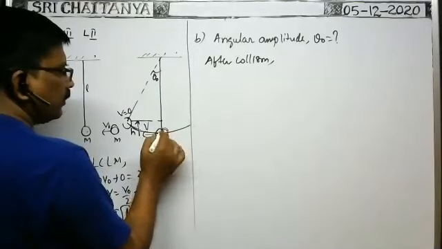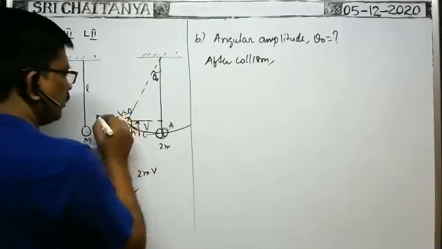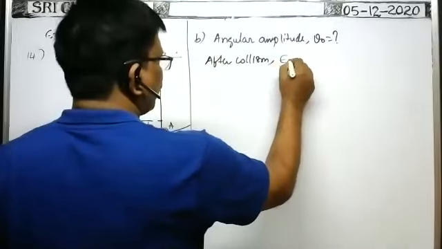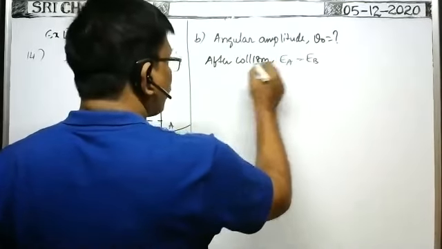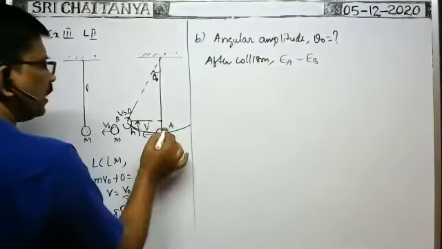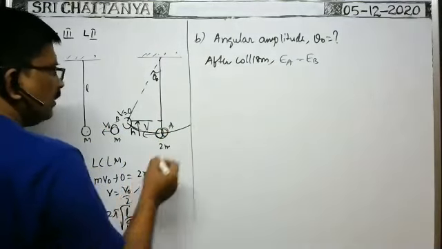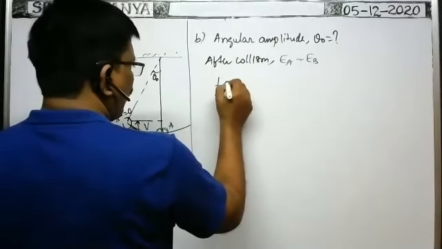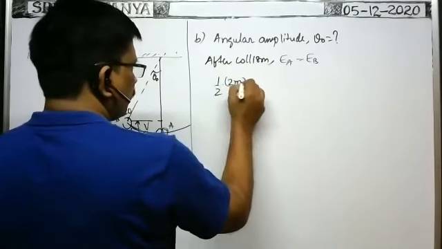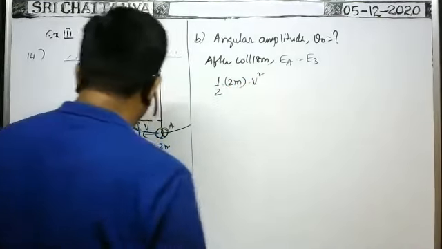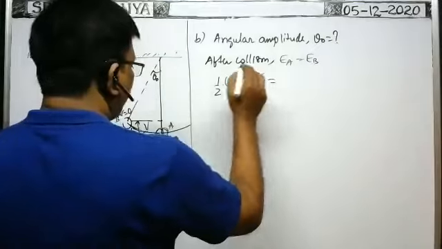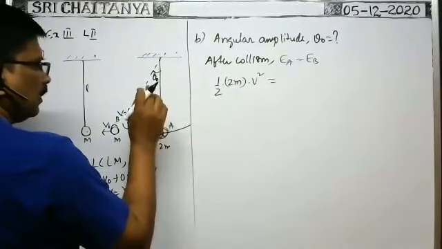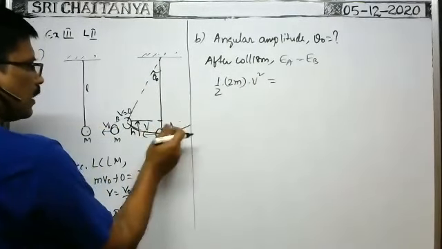Okay, after collision, this is position A, this is position B. Total energy at A is equal to total energy at B. After collision the combined mass has velocity V. That's why the kinetic energy of the system is half into the mass of the system 2m into common velocity square, V square. This is the total energy of the system at the instant the combined mass starts motion.